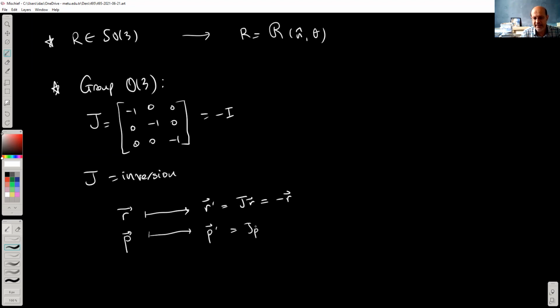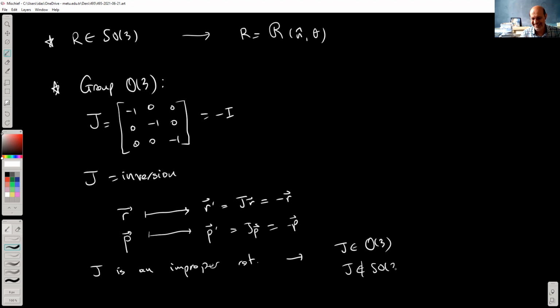So that's the minus P. Okay, so let's say it like this. J is an improper rotation. So that means J is an element of O3 and J is not an element of SO3. But it's an orthogonal matrix as a matrix. Okay, so that's what I'm trying to say.